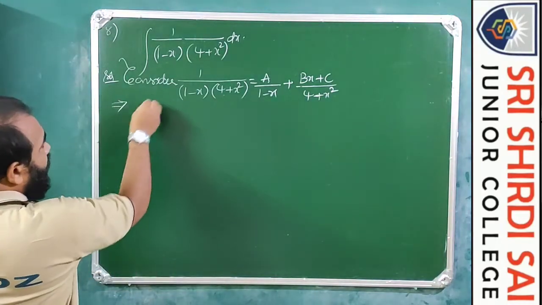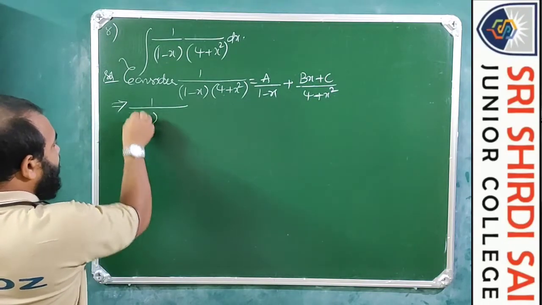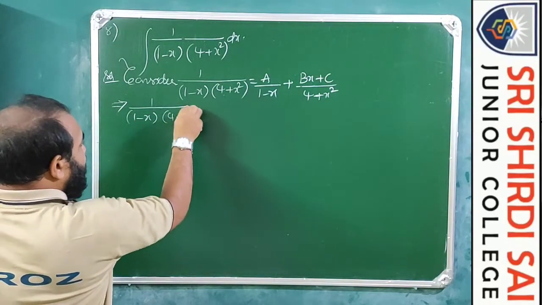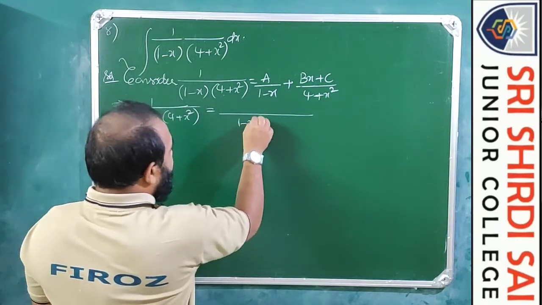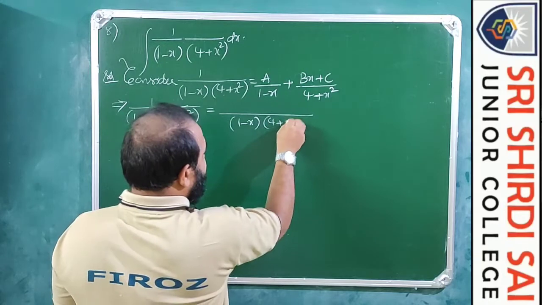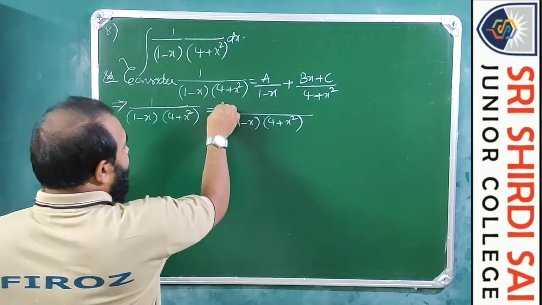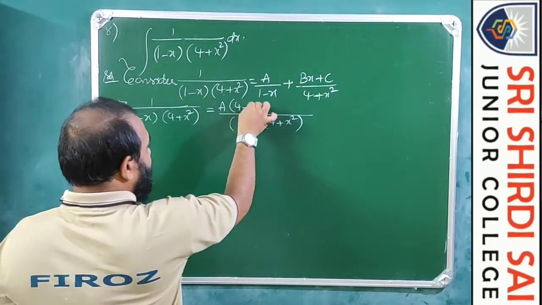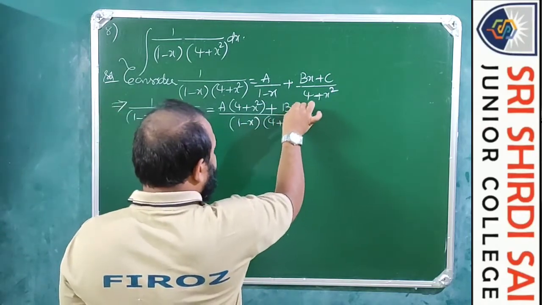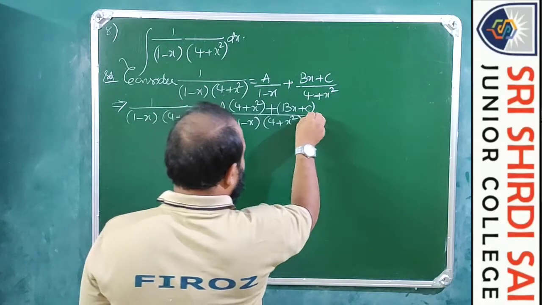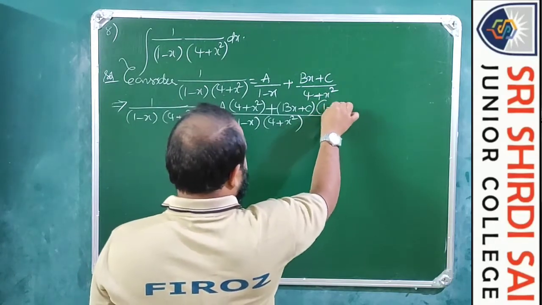Now 1 by 1 minus x into 4 plus x square is equals to, the LCM for which is 1 minus x into 4 plus x square. So a into 4 plus x square plus bx plus c into 1 minus x.